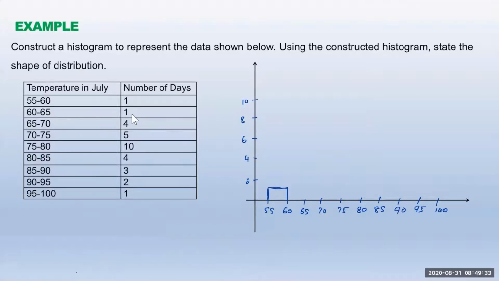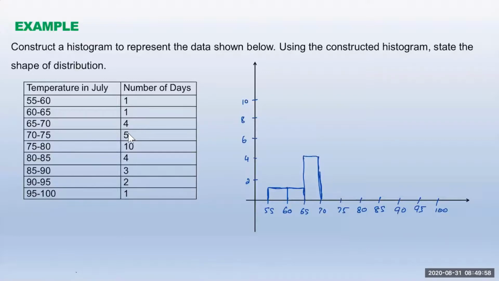Let's do it: 60 to 65, also a vertical bar of height 1, like that. Next one, a vertical bar of height 4. We'll go 4 units up, like that. So that is your next bar. The height is 4.